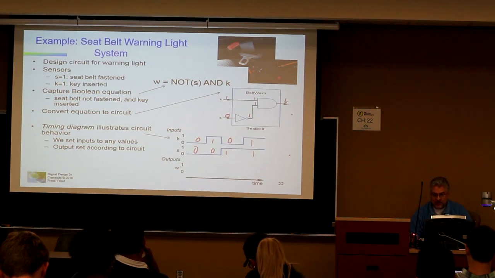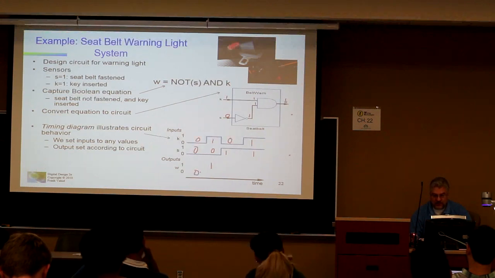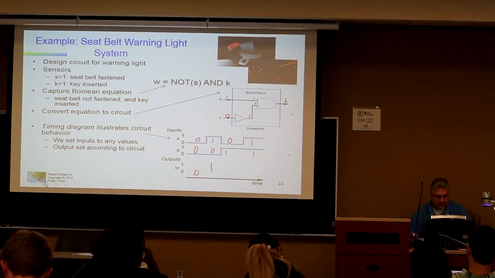So I predict that W will be 1 when S is 0 and K is 1. So I'll just wing it, right? And then everything else, we're going to have it down here. We'll make this cleaner.